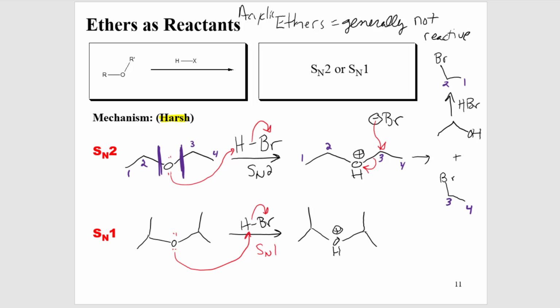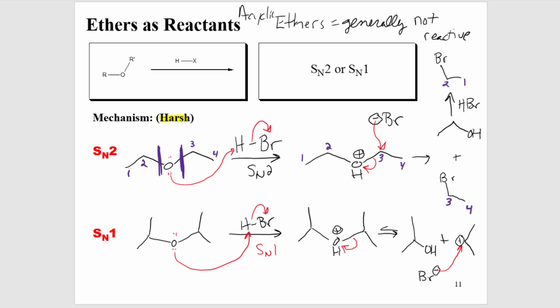But technically, one of these could leave. Doesn't matter which side you do first. You end up with an alcohol and, in this case, a secondary carbocation, which if bromine is the only thing floating around, you could force it to go. But it's in competition with getting reacted back with itself. So it's reversible because the oxygen could attack it and you could go back to the beginning.